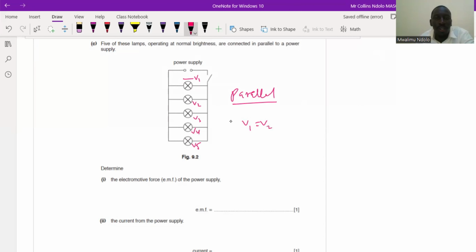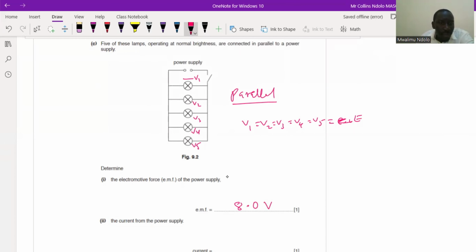So V1 will be equal to V2, which is equal to V5, and which is equal to the EMF, designated by capital E. Meaning that the EMF is equivalent to 8.0 volts.